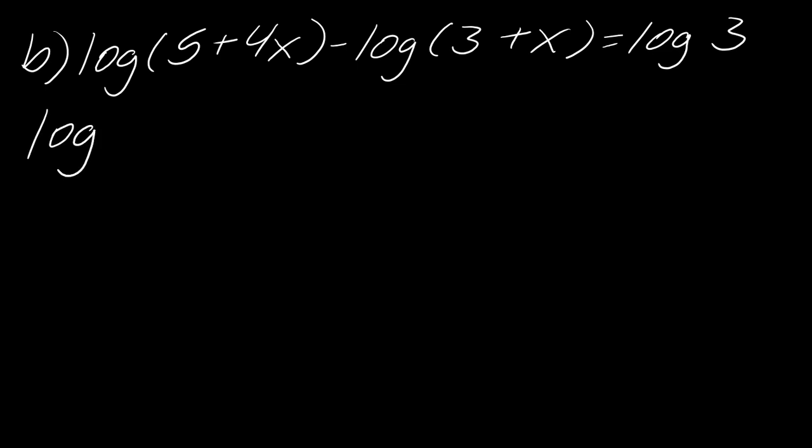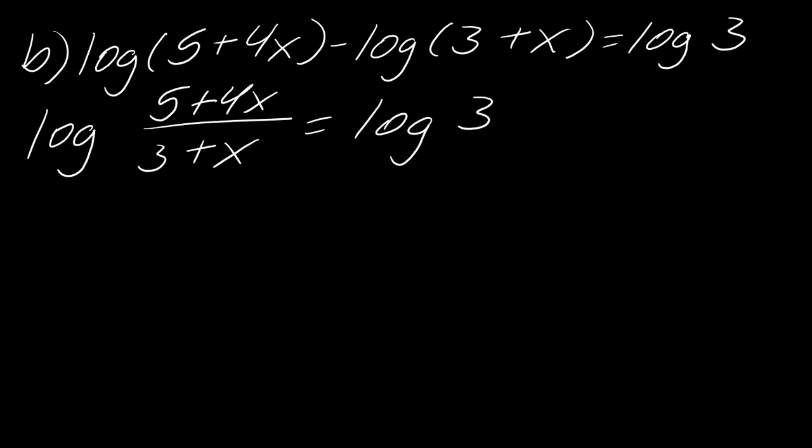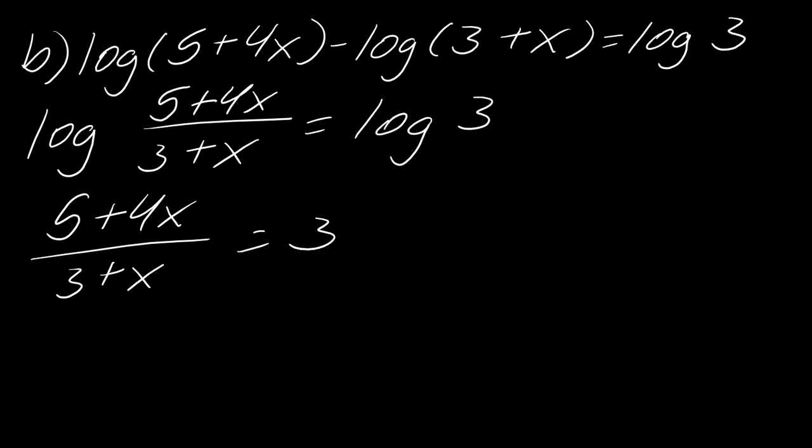So I'm going to write the left side as log of 5 plus 4x over 3 plus x, because that's the quotient property. Now, in this case, I cannot go any farther with this. I can't simplify, so this is as far as I can go. But now I can take the insides out of each side of the logarithm. So I can write this as 5 plus 4x over 3 plus x equals 3. And then I have to get rid of the denominator.